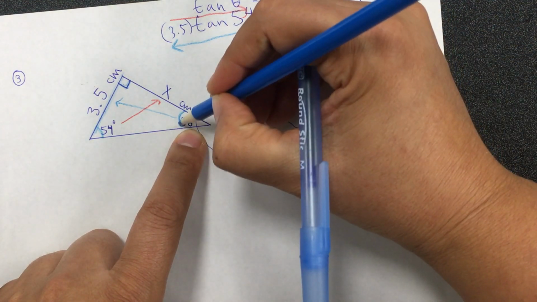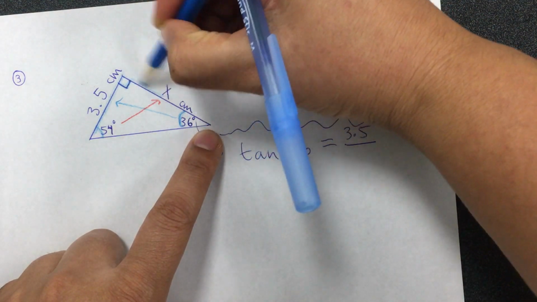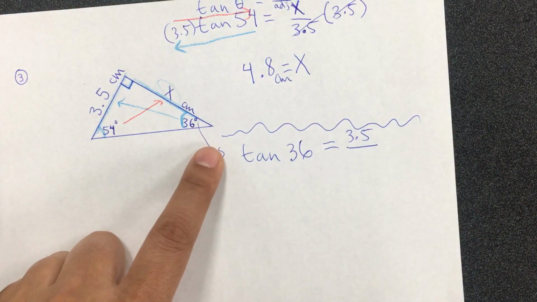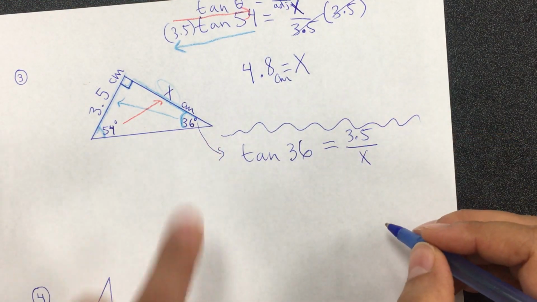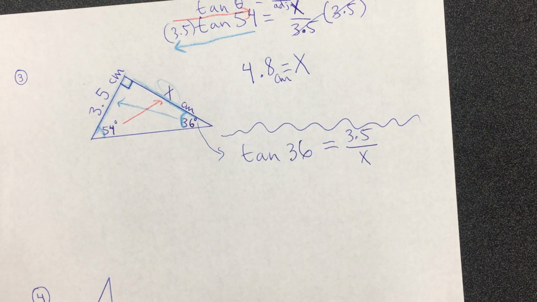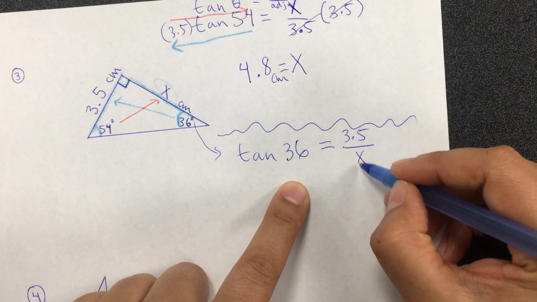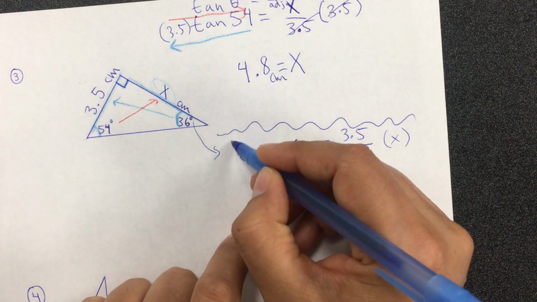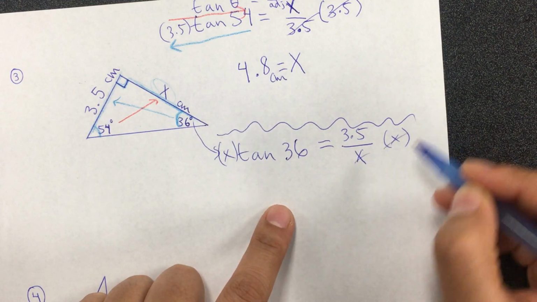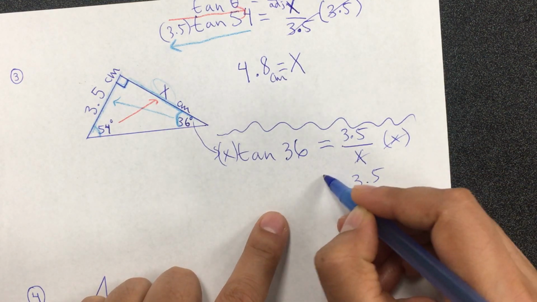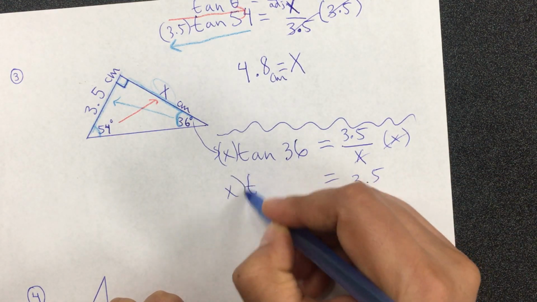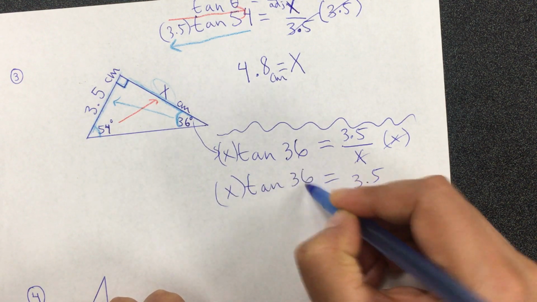Adjacent for this one is between the angle that we're talking about and the 90-degree angle, which is x. So over x. Now, in here, remember that if we're dividing, we're going to multiply by x. This cancels, I get 3.5 equals x times tangent of 36, right?